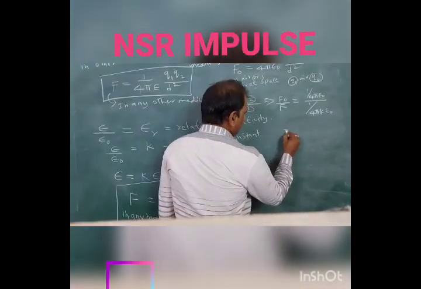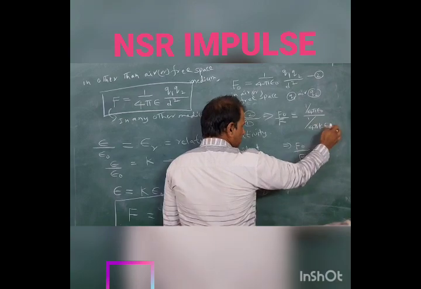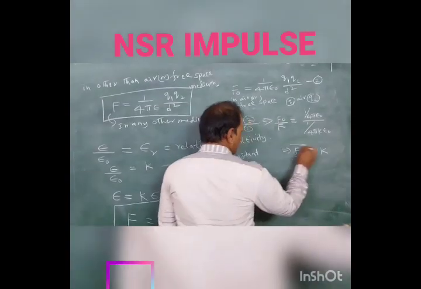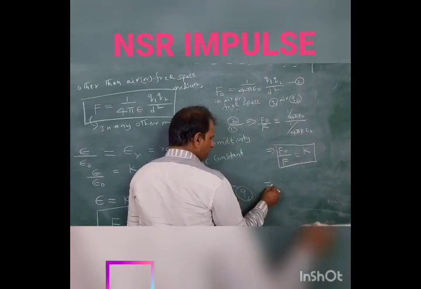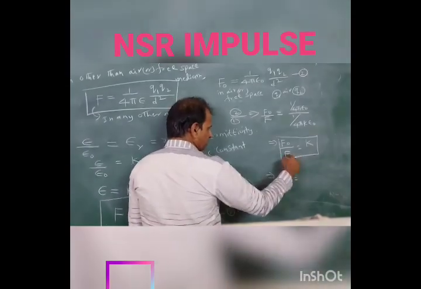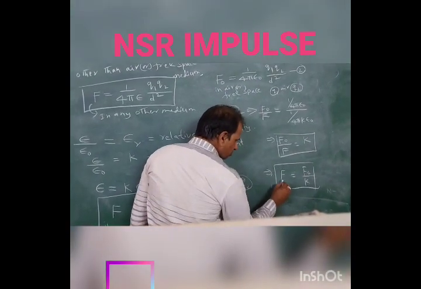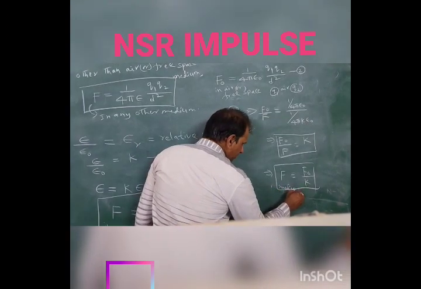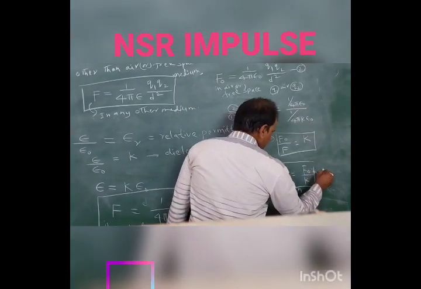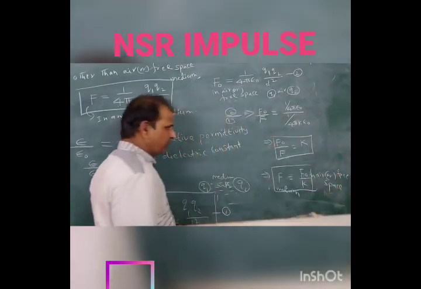Both get cancelled. It implies F0 by F is equal to K, since 1 by 4 pi epsilon naught cancels out and K comes to the numerator. This is one important formula. Or the force between two charges in any medium is, bringing this K to this side, F0 by K. This is the force between two charges in any medium, and F0 is the force between those same two charges in air or free space.